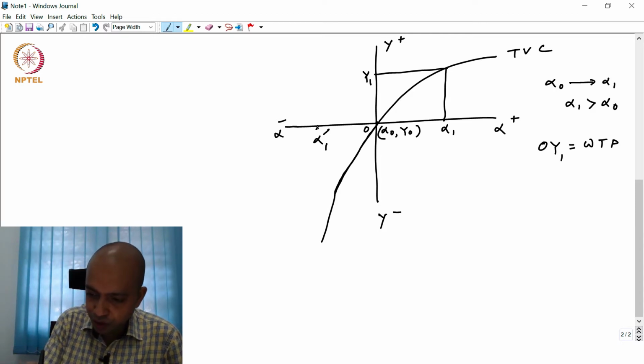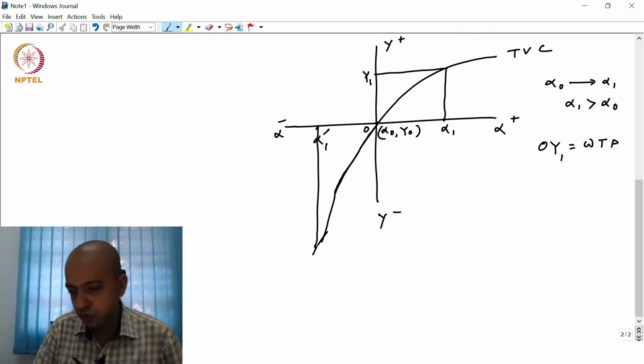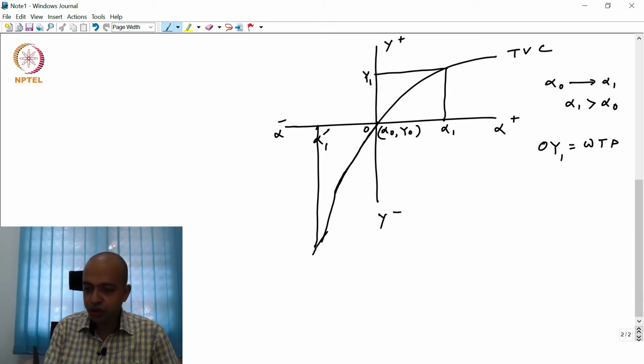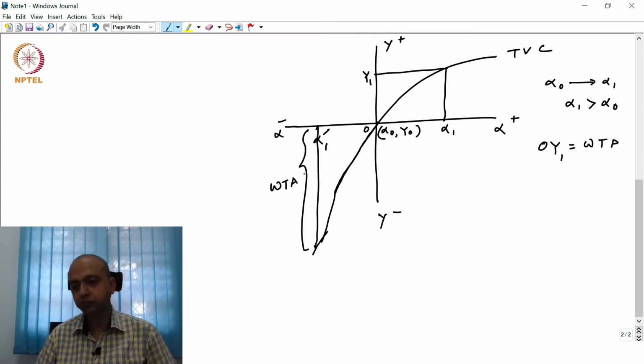How will you determine that? You have to again draw the diagram. This amount is willingness to accept compensation.